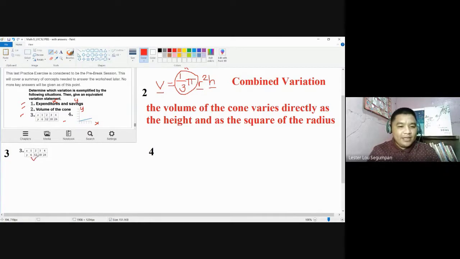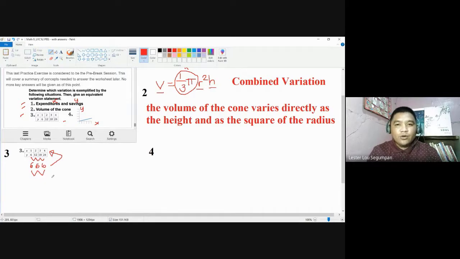As you examine here, you might notice that from 6 to 12, you simply added 6. From 12 to 18 is also 6, and here is also 6. We have a common difference, and this common difference tells us that this table is under direct variation. In case there's no common difference, try to examine the second differences.